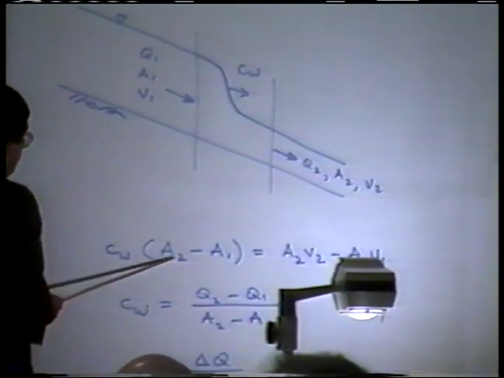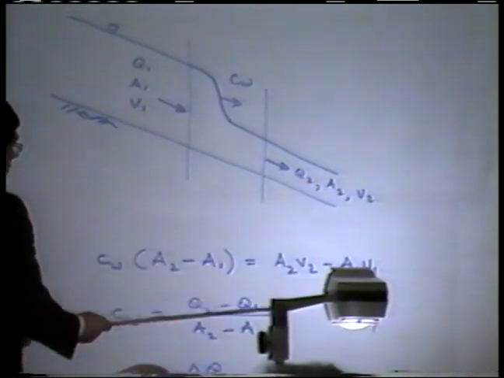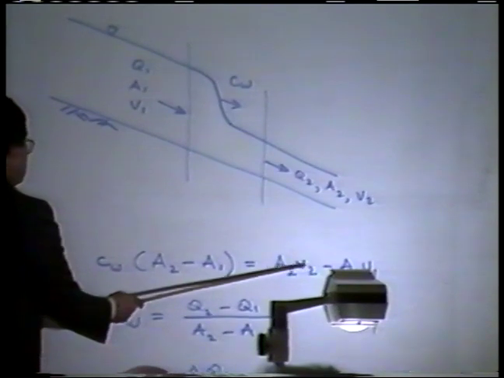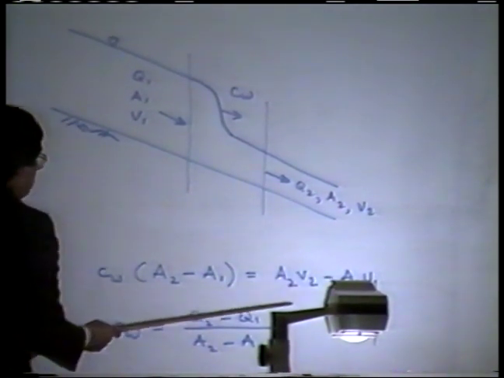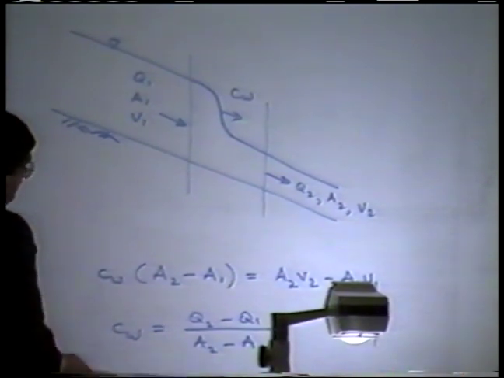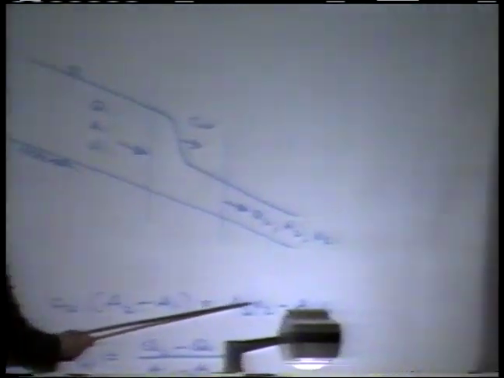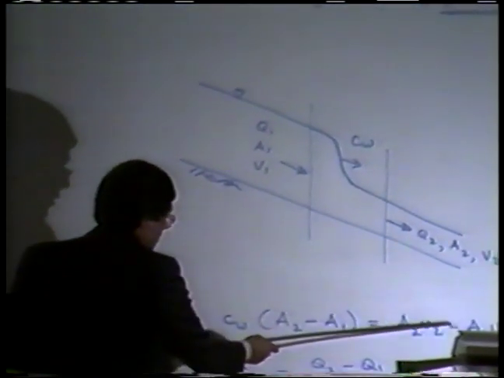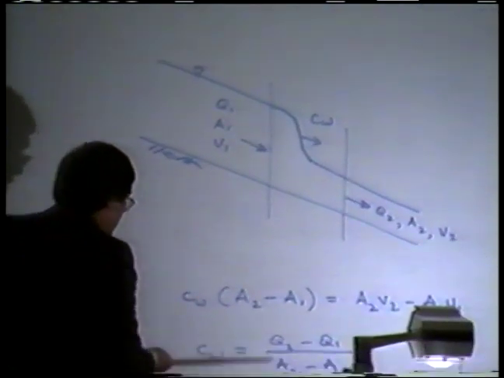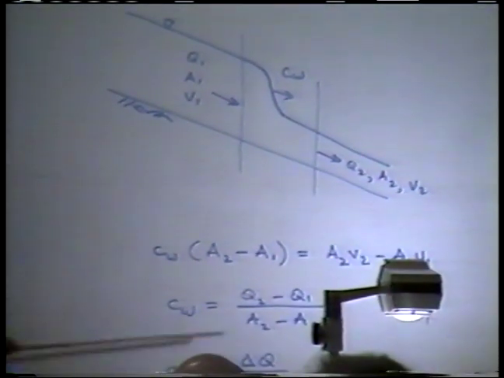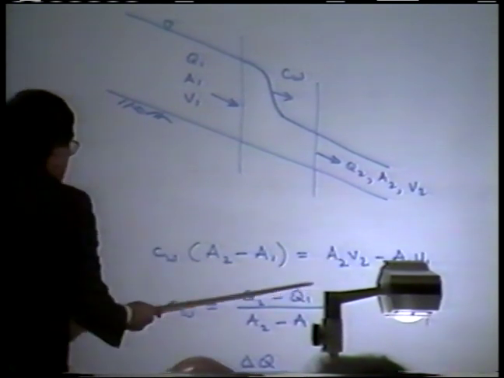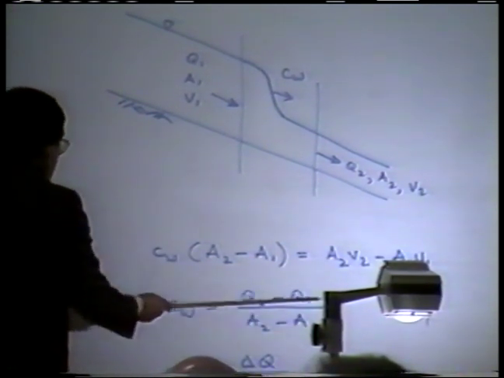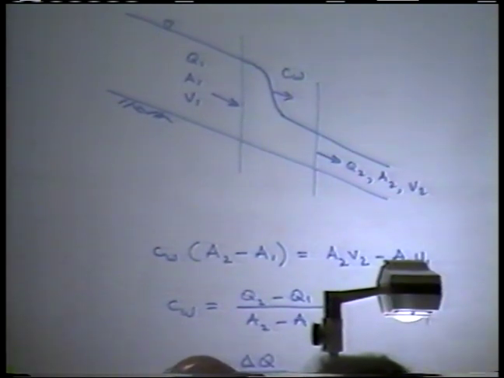That should be A1 minus A2 because A1 is the upstream. That would give us A2 V2 minus A1 V1. That would be the difference in discharge, okay? Actually, in this case, because I took the signs in a negative way, it ends up being positive because A2 V2 is Q2 and A1 V1 is Q1, and therefore you have a positive value for the celerity.